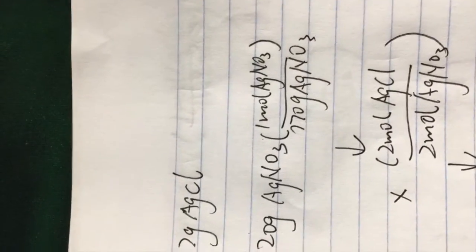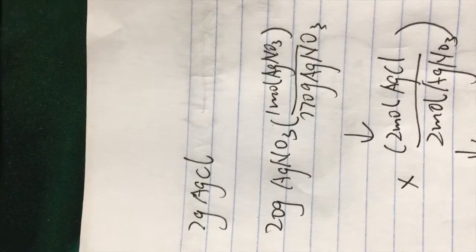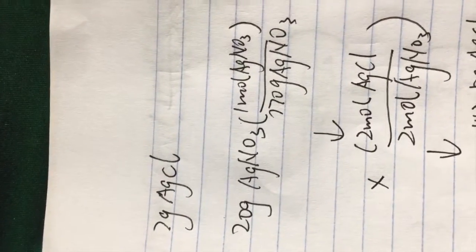Because we have two masses of reactant, but we don't know which is the limiting reactant, we need to use two ways to calculate the amount of product and choose the smaller one, because the smaller one is the answer for the limiting reactant.